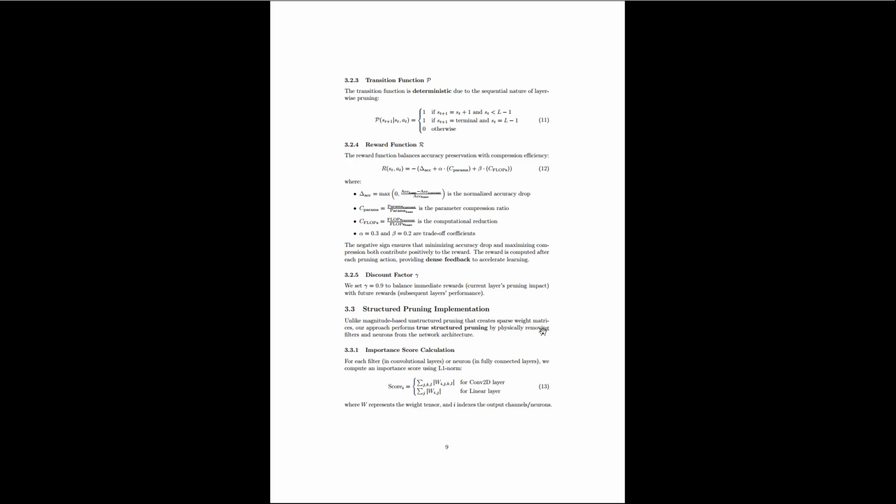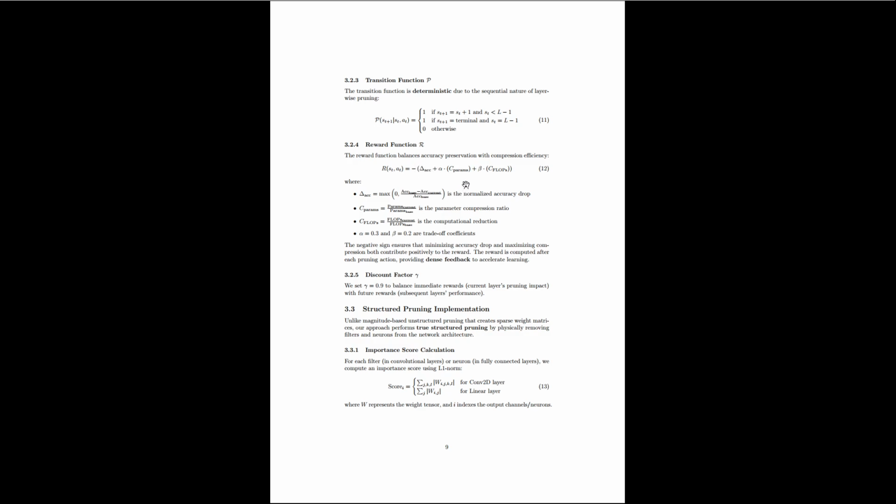As you can see here, my reward function contains three components. First is the accuracy drop, then the parameter compression ratio, and the computational reduction.